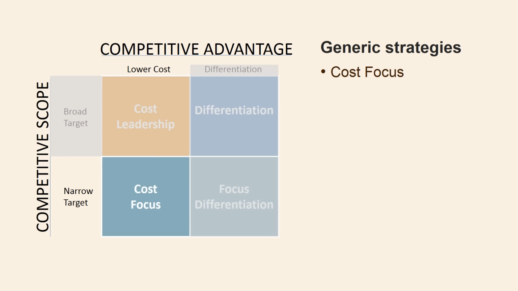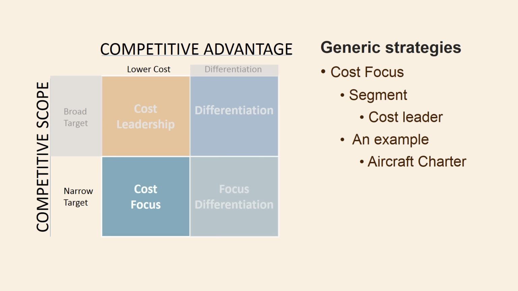The first of these is cost focus, which exploits the differences in cost behavior in some segregated segments, bottled water instead of tap water. Even in these focus segments, the company is still cost conscious. These are the same parameters as the broad cost leader, but just focused on a separate, narrower segment.